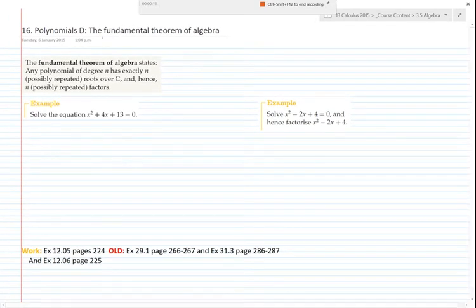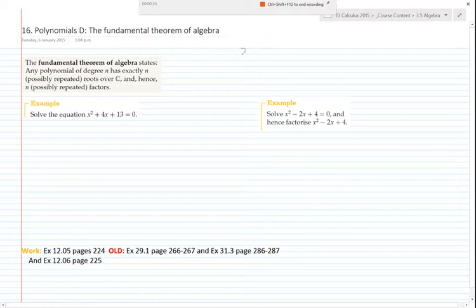But we're talking about the fundamental theorem of algebra, and I've actually alluded to this quite a bit already, and it's to do with the highest power of a polynomial when we're solving it. And what it says is the highest power tells you how many possible complex roots there are. So complex can be real, imaginary, or both.